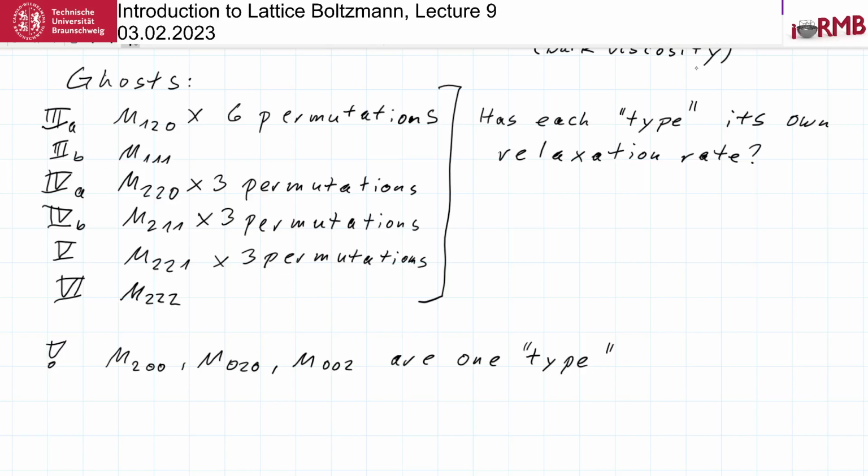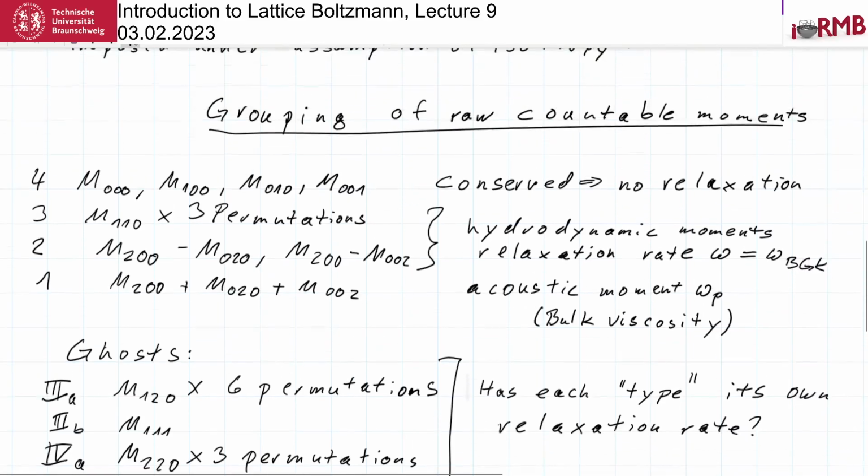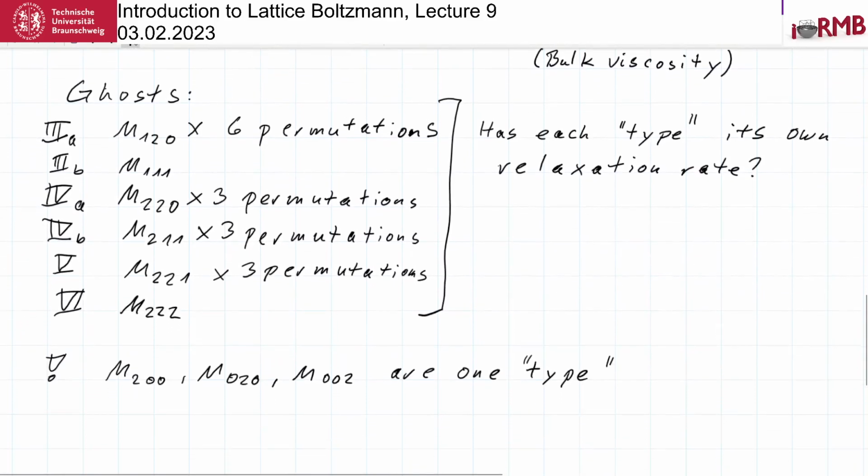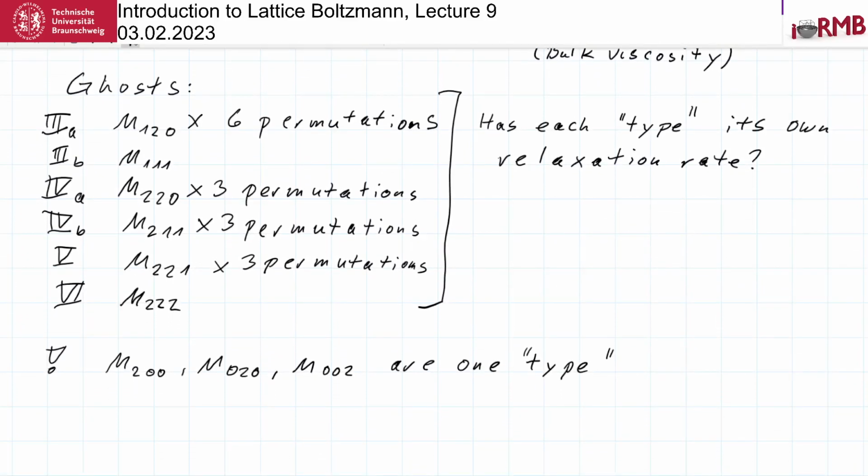One? Okay, let me go back. Yeah, we have the sum of them and we have the difference of them. So then we have apparently 2, okay? So you see, already there is more to it, and this implies that down there's also more to it. So they are the same type, but they have 2 different rates.